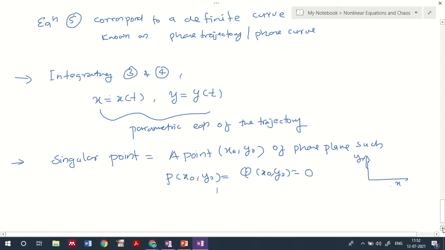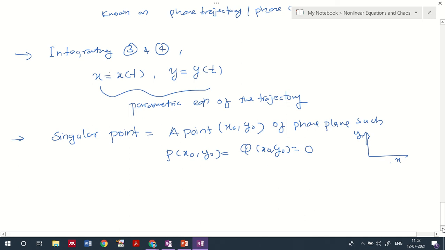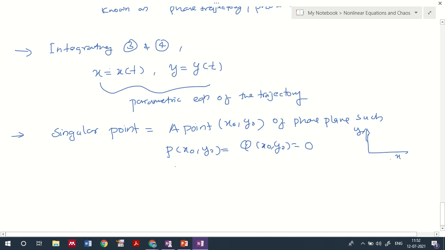Or for clarity, let me write it as dx by dt at x0 y0 equal to dy by dt at x0 y0 equal to 0.